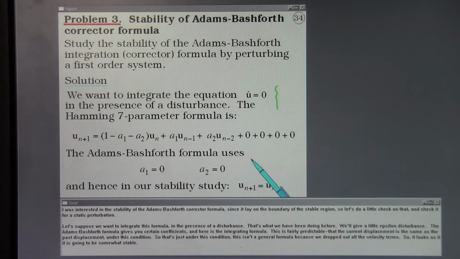The Adams-Bashforth formula gives you certain coefficients, and here is the integrating formula. This is fairly predictable, that the current displacement is the same as the past displacement under this condition. That's just under this condition. This isn't the general formula because we've dropped out all the velocity terms. So it looks as if it's going to be somewhat stable.